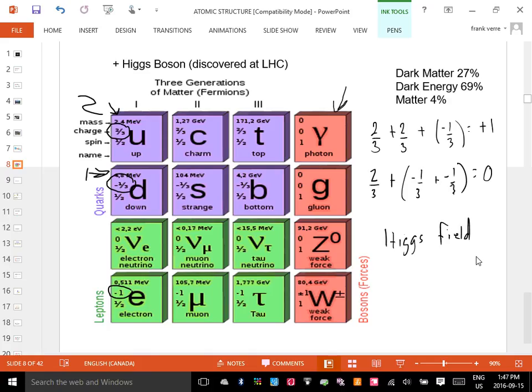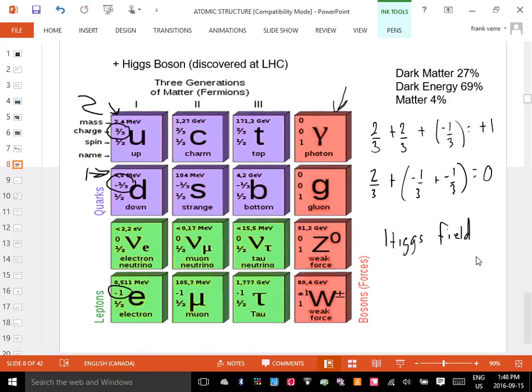Field, space, same thing. The gravitational field is the space where you feel gravity. The electromagnetic field is the space where you feel electromagnetism. The Higgs field is the space where this Higgs particle is interacting with other particles to give them mass.